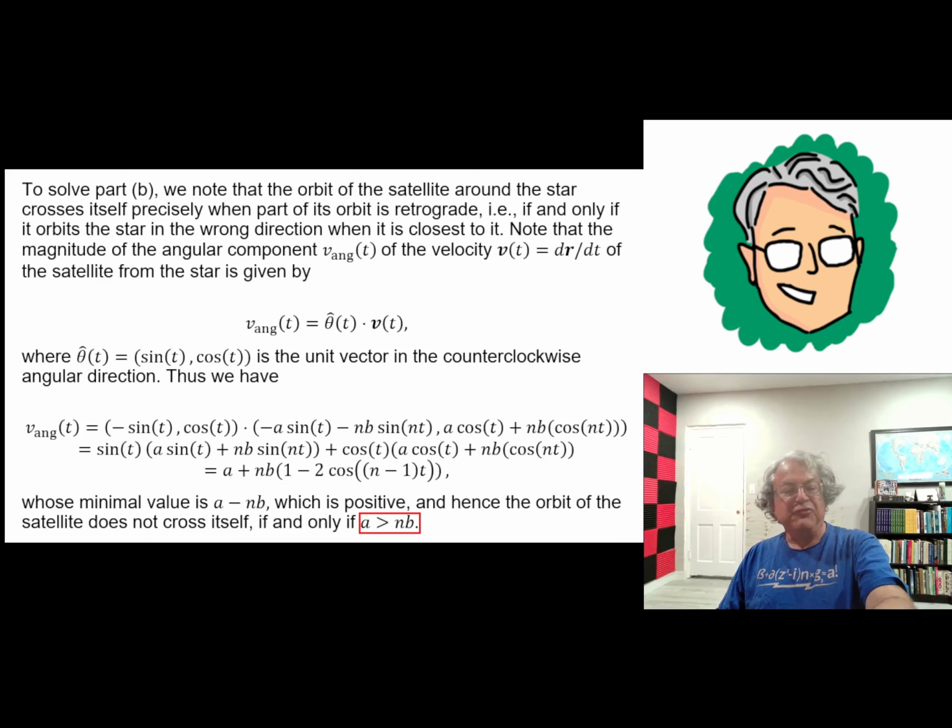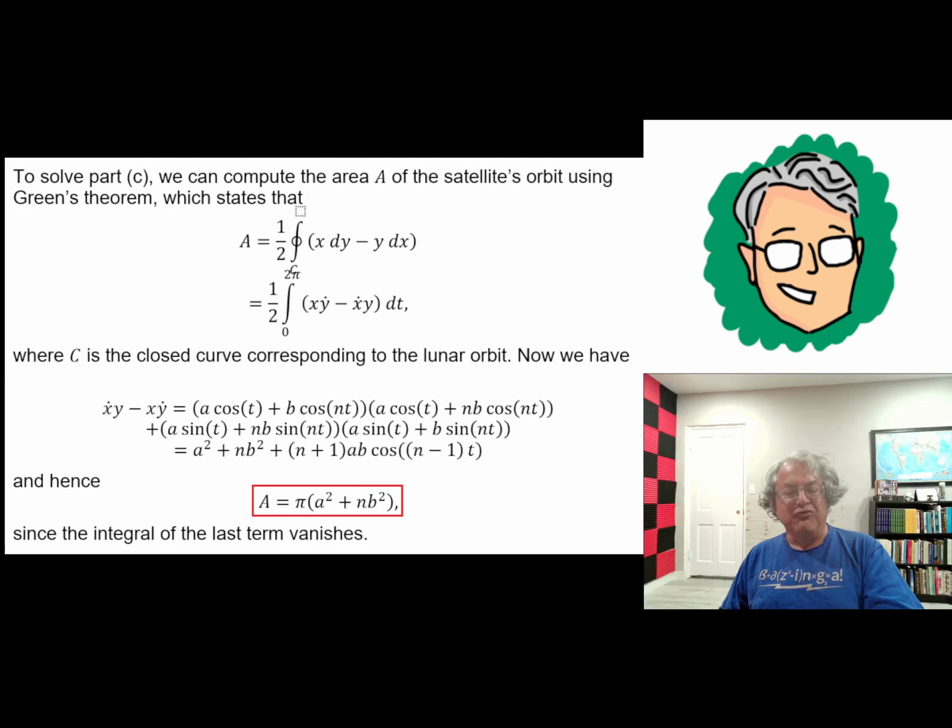And then part C. Now we want to calculate the area of the orbit of the satellite, and we can use Green's theorem. This is a nice result for calculating the area of a closed curve in the xy plane.